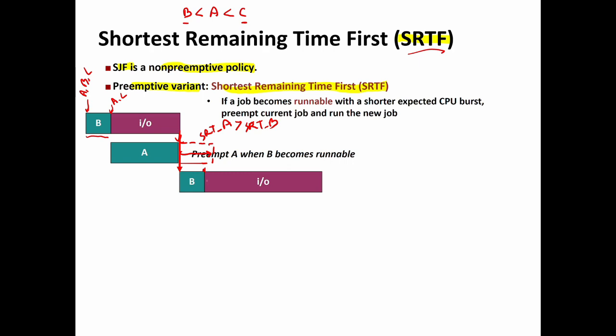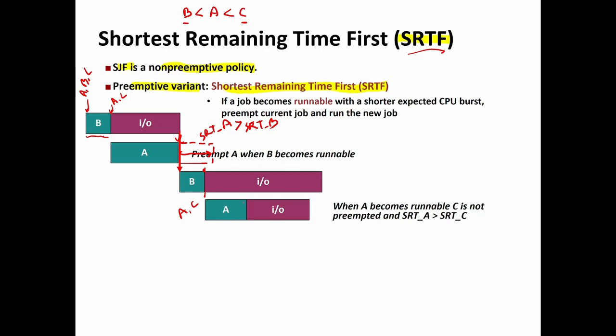Now again, when we look at who is still in the ready queue, B is out, so I'll have A and C. With A I have this much amount, and with C it's way larger. So we execute this remaining part of A, which was left from this part.